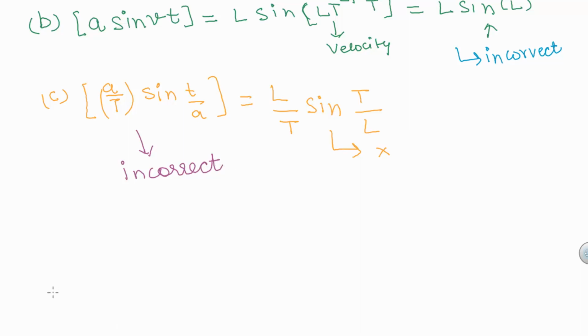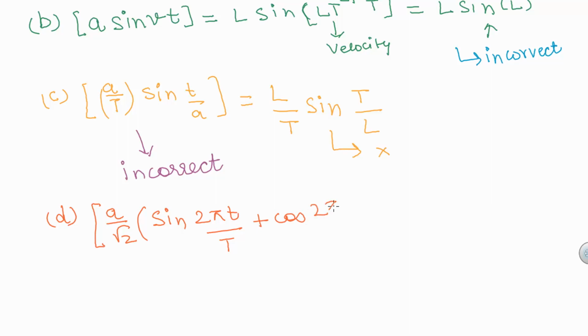Now in our fourth case, or case D, we have a upon under root 2 times sin(2πt/T) plus cos(2πt/T).